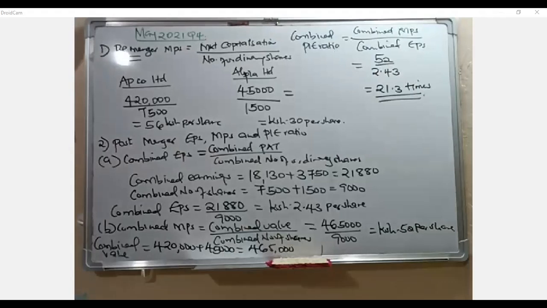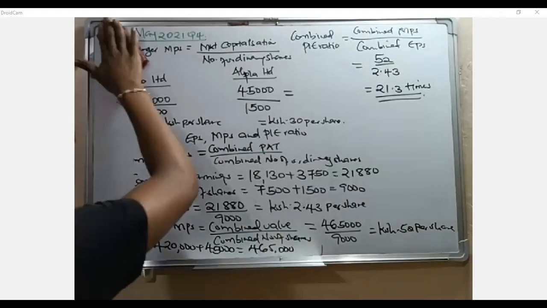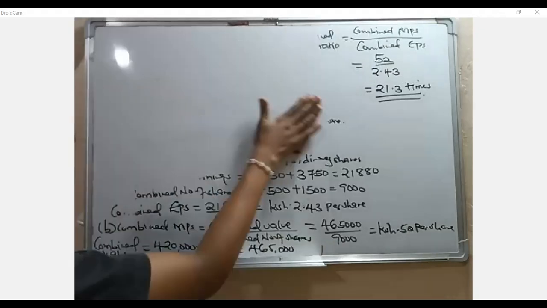Now, when I look at part 3, where the examiner is arguing a lot, we are saying compare Upco Limited's earnings per share, assuming that Alpha Limited shareholders are offered 100,000 shillings, 5% convertible debenture for each share held in Alpha Limited. You know very well that the examiner wants you to calculate the earnings per share.